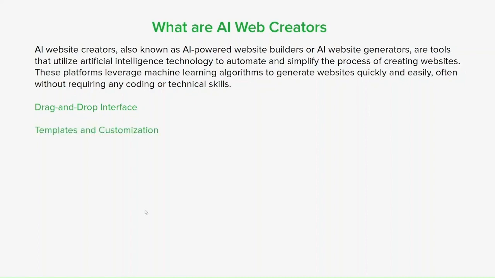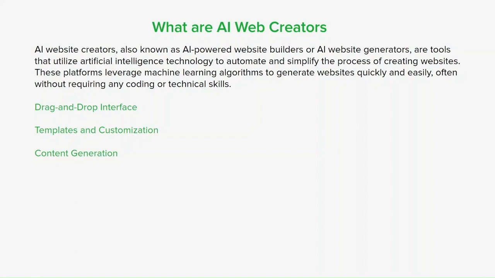AI website creators also provide a range of pre-designed templates to choose from, covering various industries and styles. Users can select a template and use that as a starting point, and then customize it according to their preferences, including colors, fonts, layouts, and lots more. AI website builders often use content generation capabilities, including text and image suggestions.